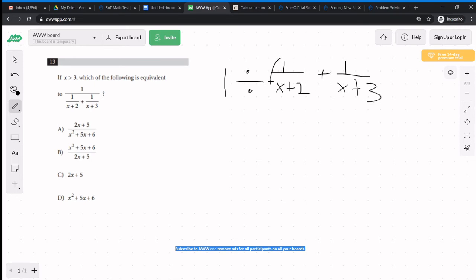Now let's combine these two fractions first, because that'll make it easiest. So in order to get this, the least common denominator between the two is going to be x plus 2 times x plus 3. So let's write that. That's going to be our denominator. To get this into this denominator, we have to multiply top and bottom by x plus 3.